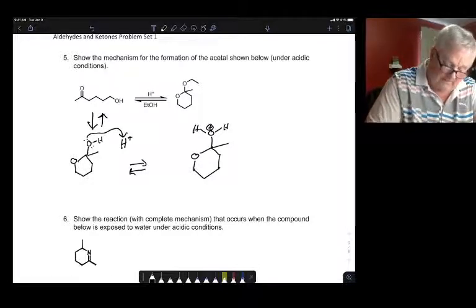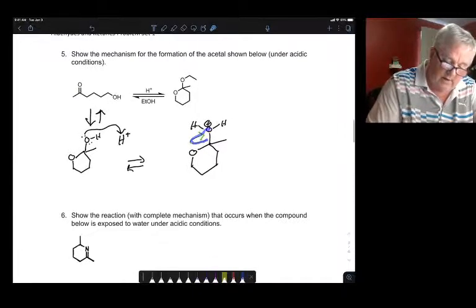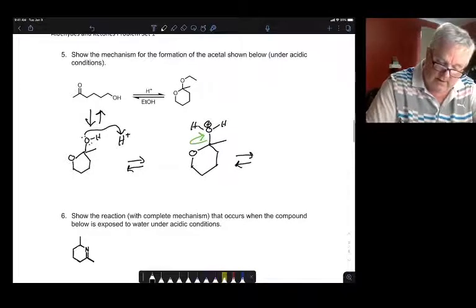This can just leave. We're going to break this carbon oxygen bond, and when we break it, the electrons are going to go up onto the oxygen, and water is going to leave as water, and we're going to get a carbocation that looks like this.